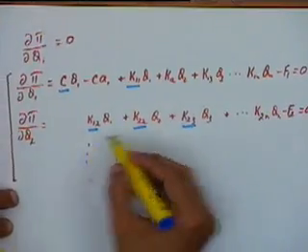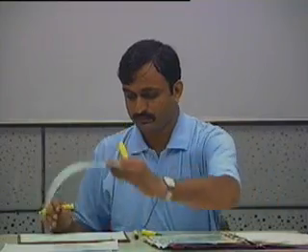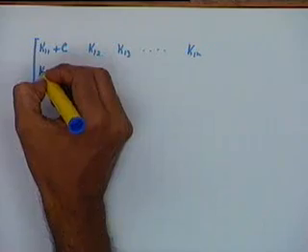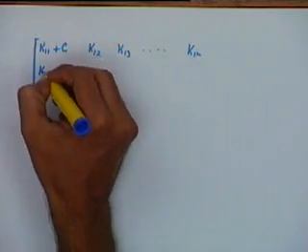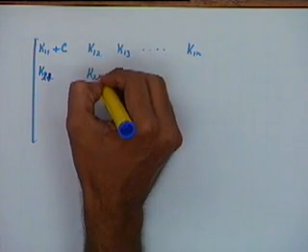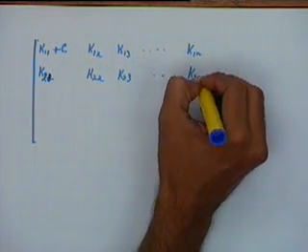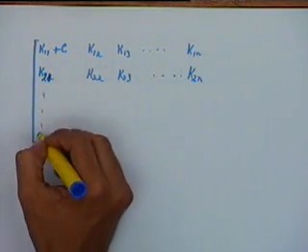If I take up the second equation, I will get k21, k22, k23 and so on up to k2n, and this will continue.